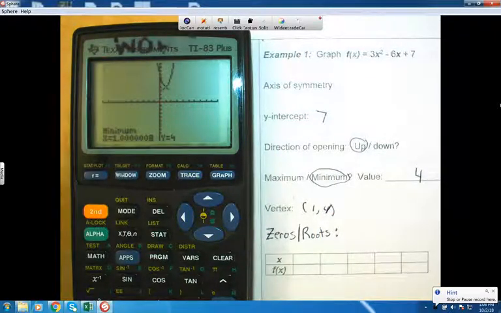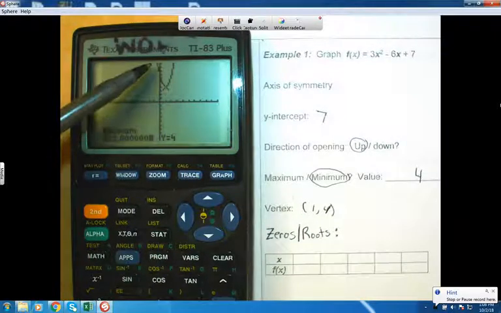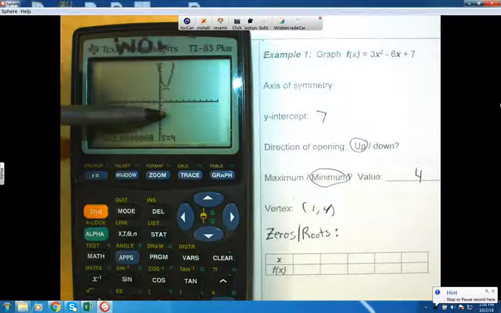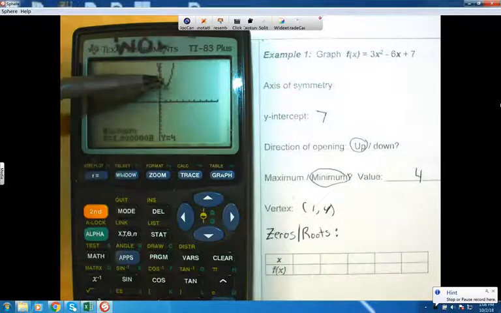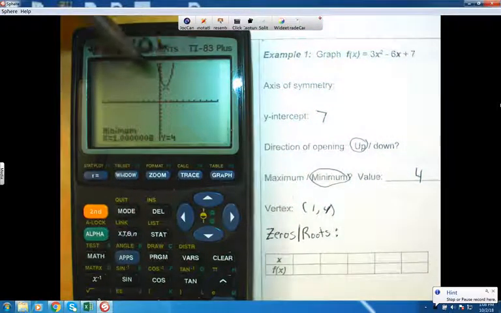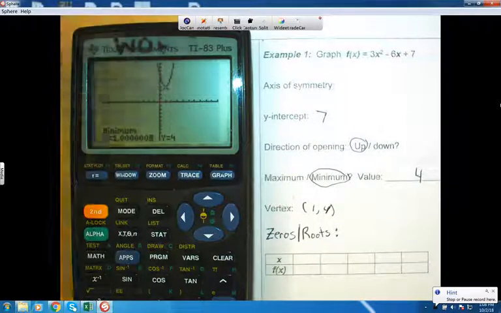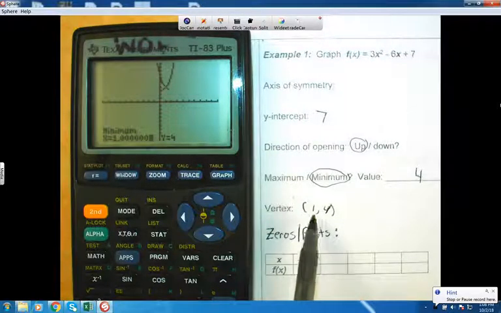The next question we can answer is the axis of symmetry. Every parabola is basically symmetric, which means if you were to draw a line going straight down here, you can kind of see how the parabola would fold onto itself. That line is always the x-coordinate of the vertex.